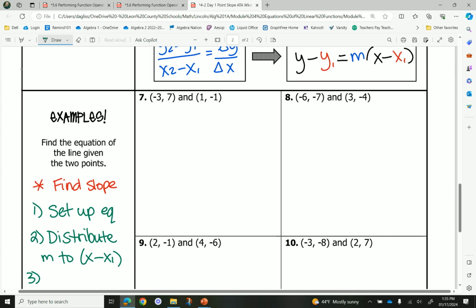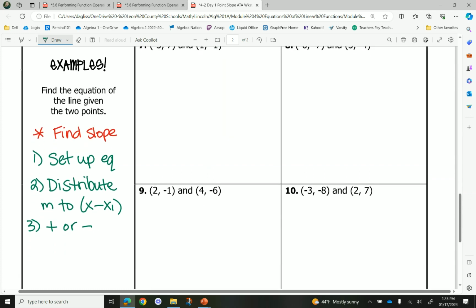And then our last step, we add or we subtract y to the other side. So the green steps are the exact same steps we just did. We're just doing a little pre-step, where we have to find slope first.